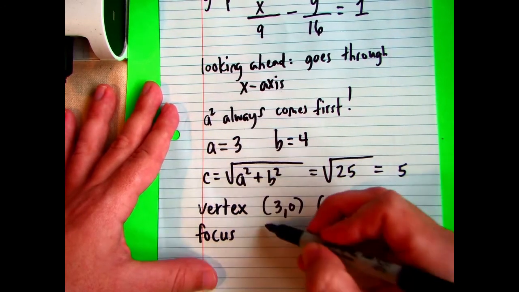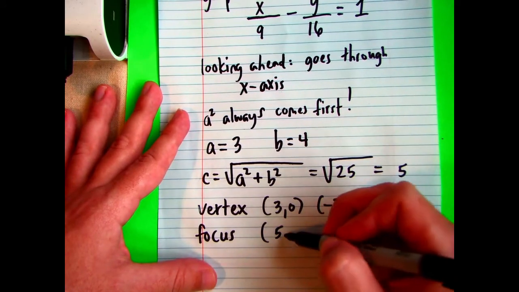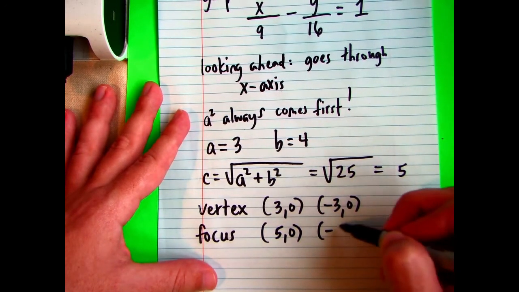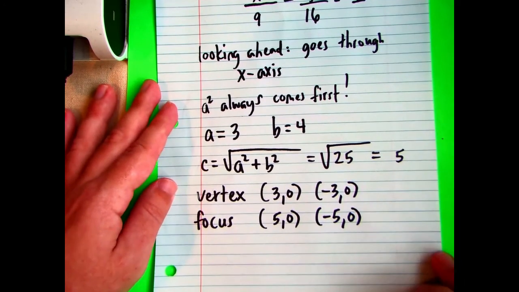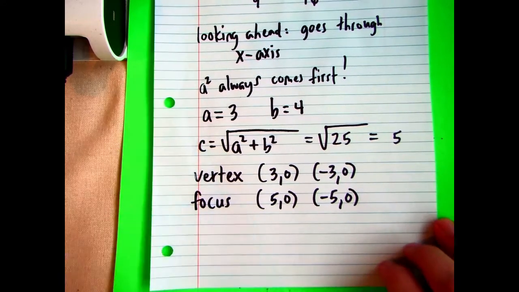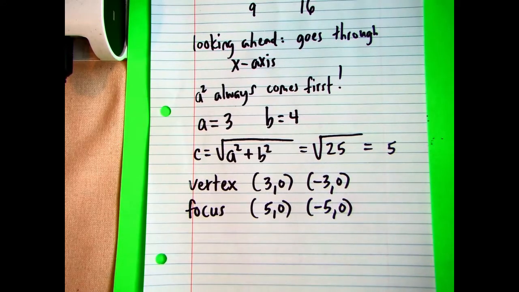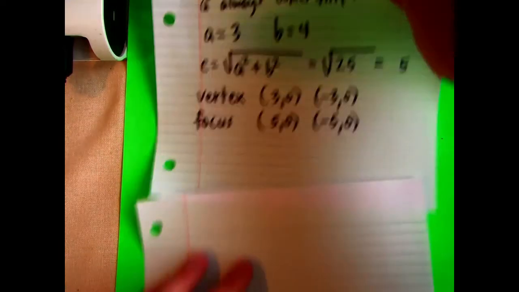My foci are at 5 comma 0, negative 5 comma 0. So with those, I think I'm just about ready to graph.